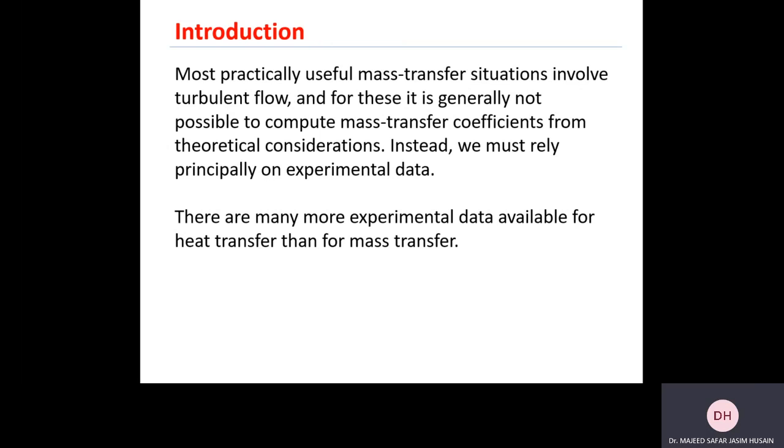Most practically useful mass transfer situations involve turbulent flow, and for these, it is generally not possible to compute mass transfer coefficients from theoretical considerations. We used laminar flow to get some of the correlations.